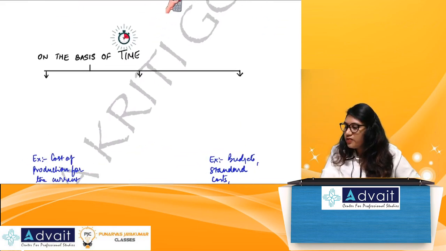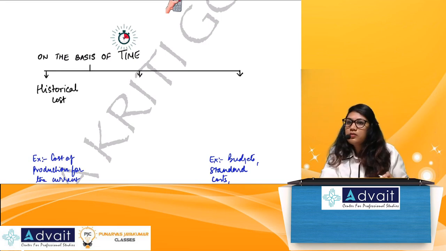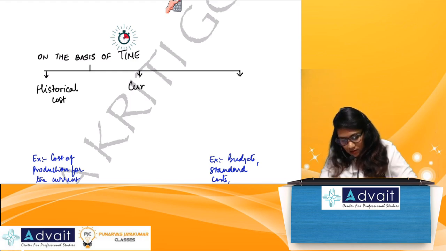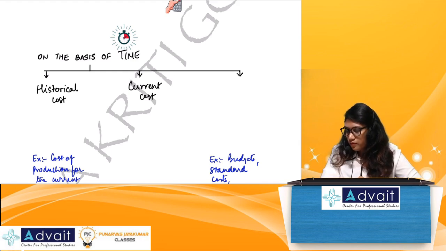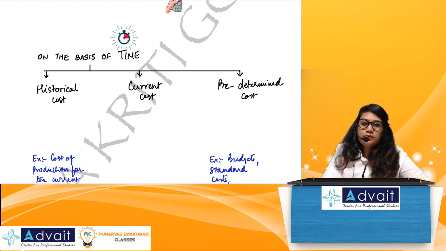So on the basis of time, I have 3 types of costs. You have historical cost, first one. Second one, current cost. And third one, predetermined cost.